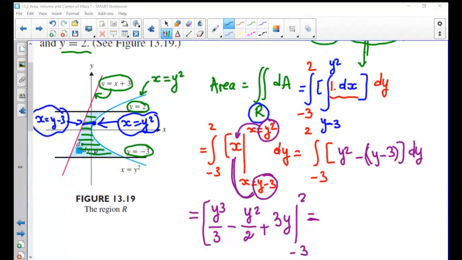You substitute with the 2, yeah, and then you substitute with minus 3. So can you try it?